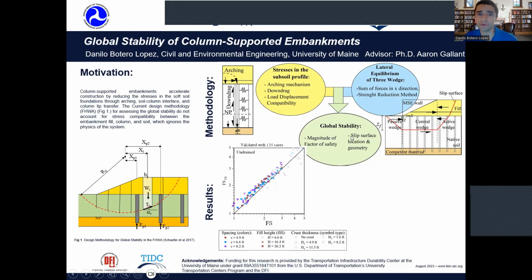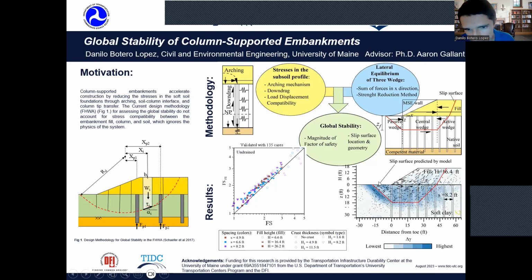And we can also predict the location of the slip surface and also the geometry. I'm going to show just one case, where we are plotting the shear strength in the strength reduction method calculation of the numerical method, and you can see that we are predicting well even the highest shear strain that is an indication of the slip surface, and the red is our method. So this gives us a lot of confidence that we are doing a good job.